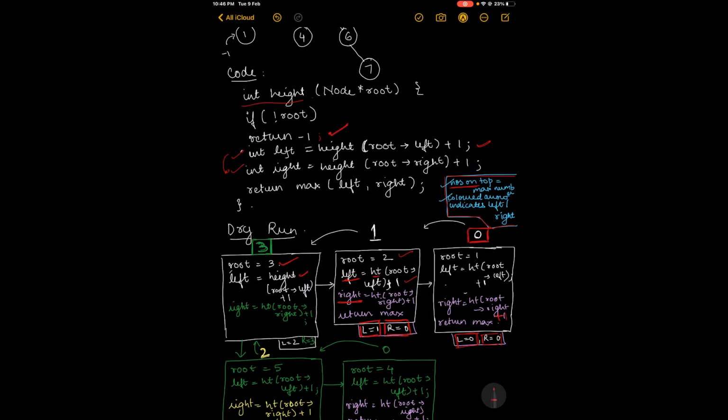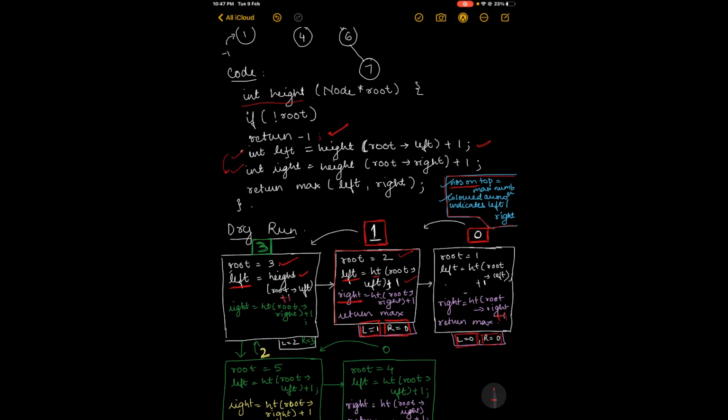So max of 1 comma 0 will be 1. So that's exactly what I've written on top of the block. So now 1 will be returned, and the white arrow signifies here that this is for the left variable. So this 1 is for this left, because this left is what originated this root equals to, right?